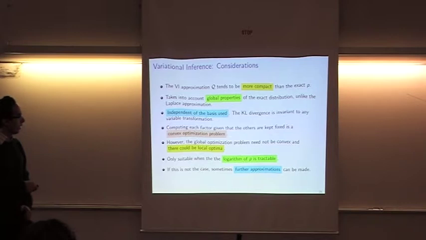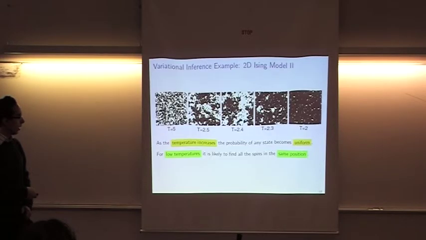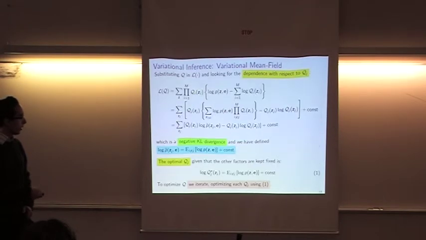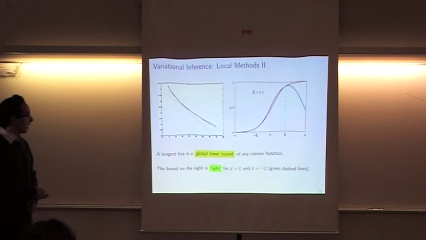Computing each factor in mean field, given that the others are fixed, is a convex optimization problem that has a single solution. We saw that solution here. There is an optimal solution for this individual problem, but finding the global minimizer of the divergence, the value of all these factors, is not going to be convex in the general case.